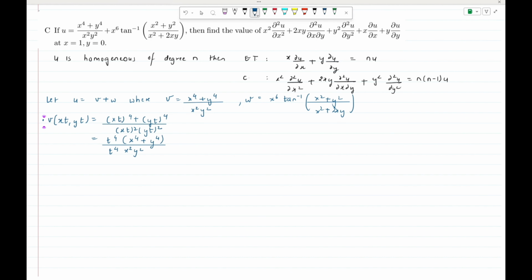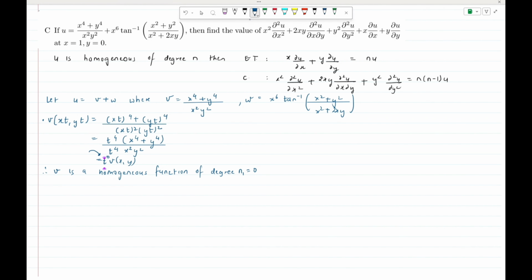So we can cancel the t raised to 4, and what is left is nothing but v of x comma y. From here we can say that v is a homogeneous function of degree n1 equal to 0. Since no power of t is present here, we can say it is t raised to 0, and that power of t is the degree of homogeneity for v.